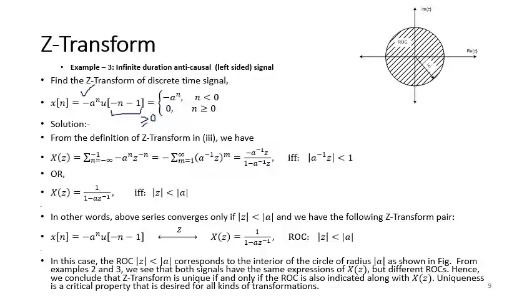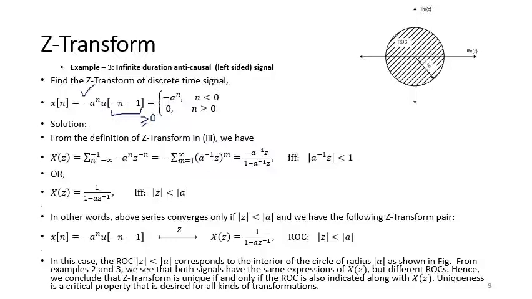So when will the argument of this one be greater than or equal to 0? Minus n minus 1 should be greater than or equal to 0. So this condition is satisfied when n is equal to or less than minus 1. That means this signal exists for all values where n is less than or equal to minus 1.